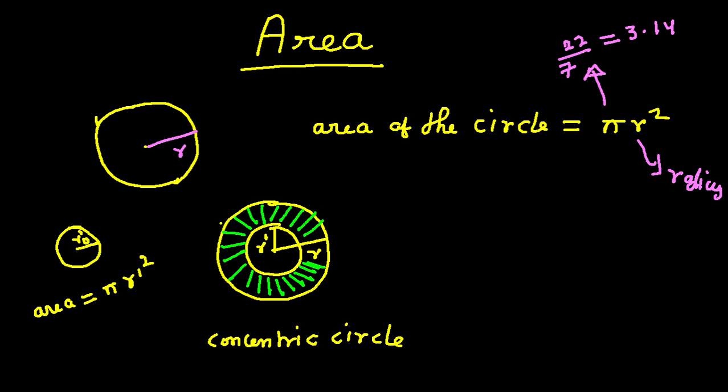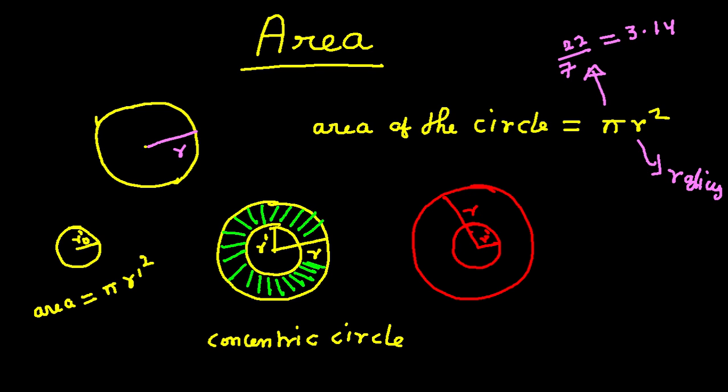So this is the big circle whose area is pi r square, and this is the small circle. This is r dash, and this is r.